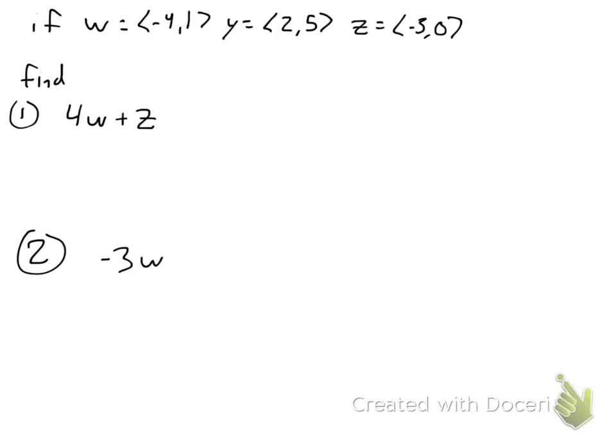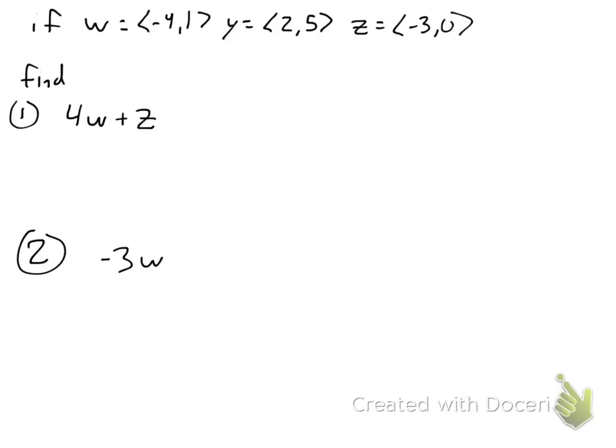So vector w there is -4, 1, y is 2, 5, and z, which we are using. So actually we're not using the y. And z will be -3, 0. That is a -3. I'll fix this for us here. I don't like that. So -3, 0.